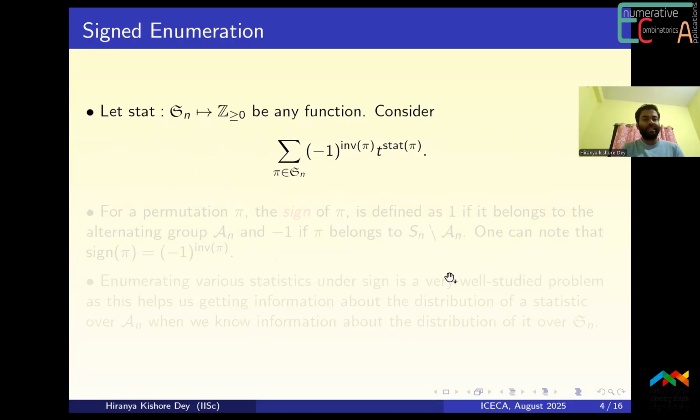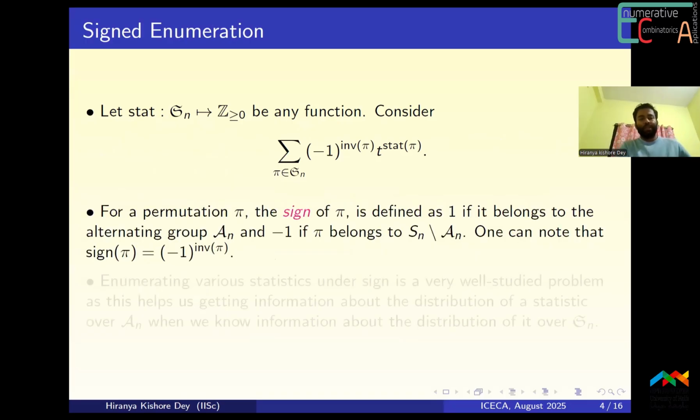For any statistic stat, consider this polynomial, the summation over pi in Sn of minus 1 to the power inv of pi, times q to the power stat of pi. For a permutation pi, the sign of pi is defined as 1 if it belongs to the alternating group An, and minus 1 if it belongs to Sn minus An. So one can note that the sign of pi is nothing but minus 1 to the power inv of pi.